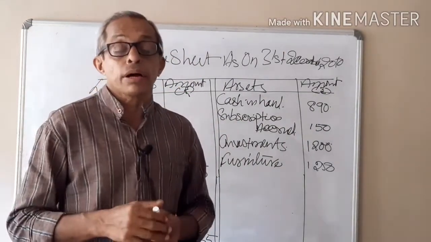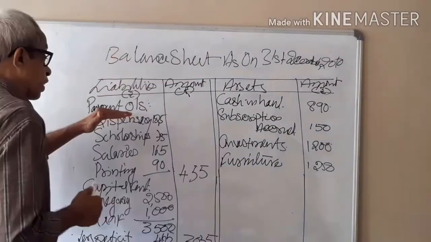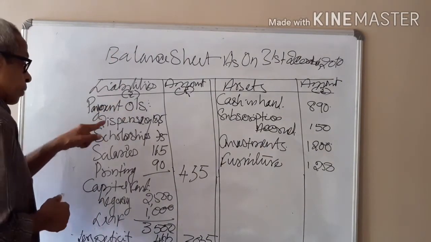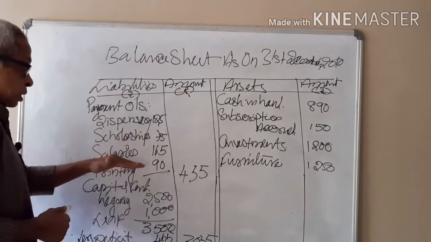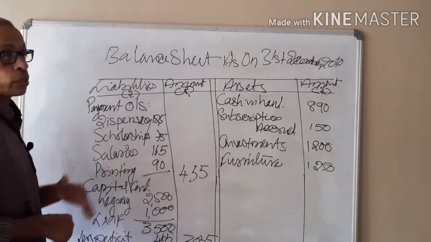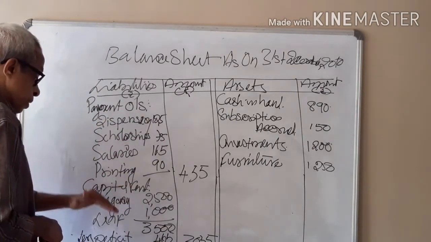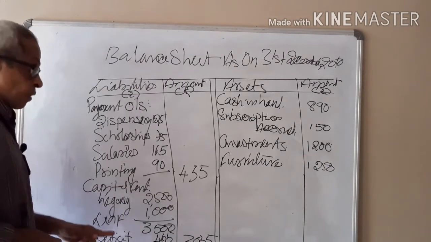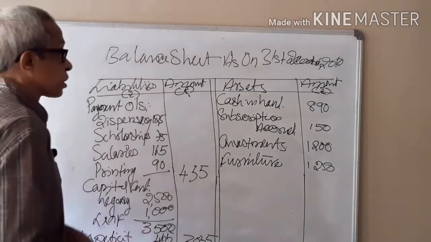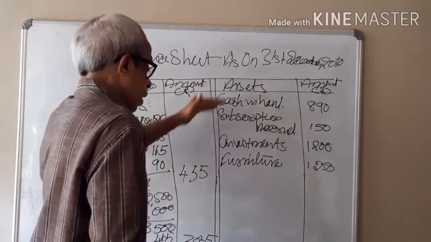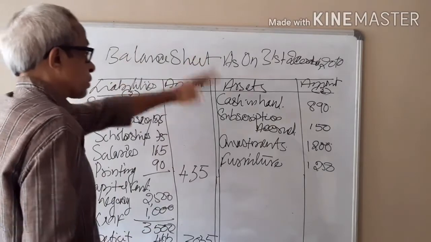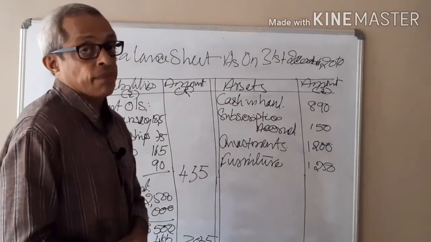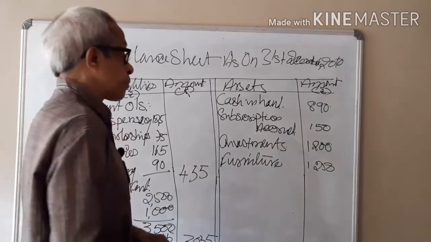Then we prepared balance sheet. Items shown on the balance sheet: payments outstanding, due but not paid. All outstanding payments are shown as the first item on the liability side. Then we found out the capital fund, and from that capital fund we deducted the deficit. Then we wrote the asset side. The first item is cash in hand, which is the balancing figure of receipts and payments account.